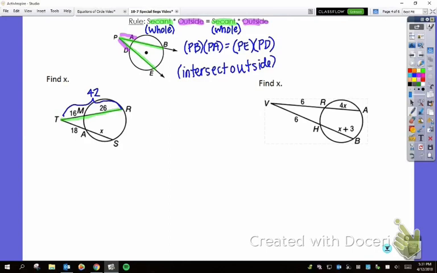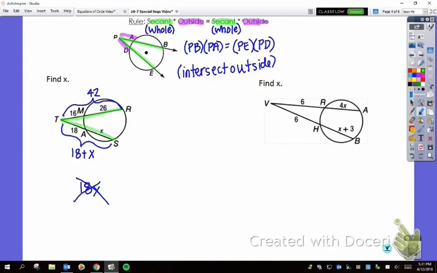Likewise, we're going to have to add together on the other side our 18 and our x, to where we get 18 plus x. Now you have to be careful because 18 plus x and 18x are not the same thing, so that would be wrong. So those are our wholes.